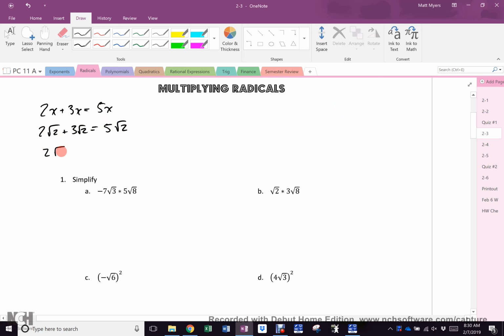2 root 8 plus root 18 is what? What would you do here? 4 times 2, so that would become 2 root 2 plus, this is 9 times 2, 3 root 2, to get what?